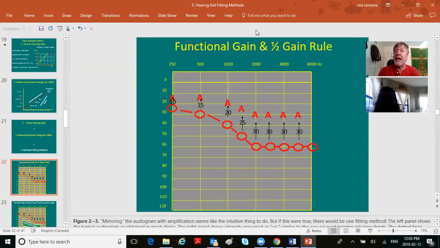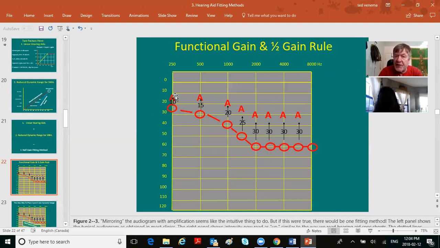And if you look at this, half gain, what he did was he measured the guy under headphones, got the hearing loss that you see in front of you, took off the headphones, put the hearing aid on the guy, and set him in front of a speaker and retested his thresholds, but he amplified so that he improved the thresholds by half.